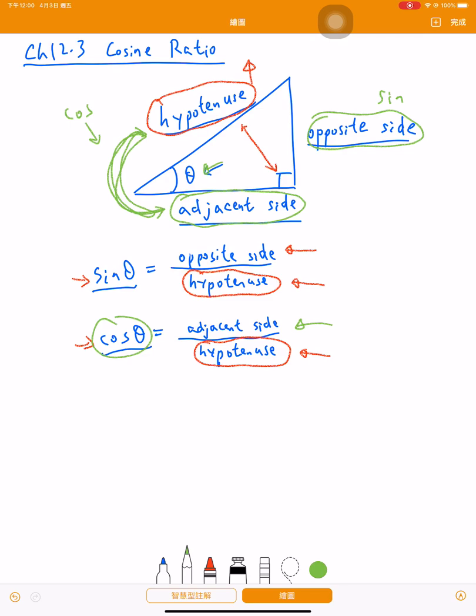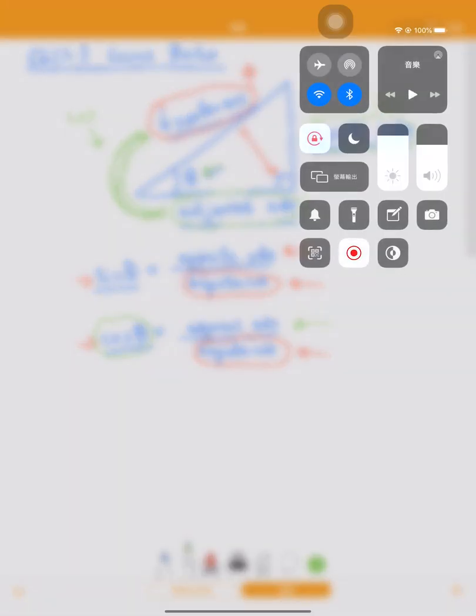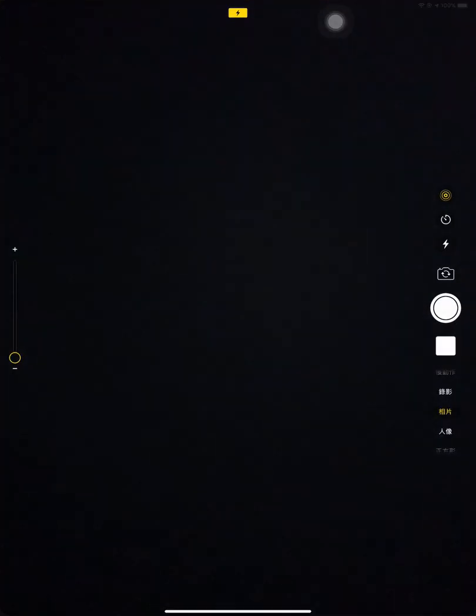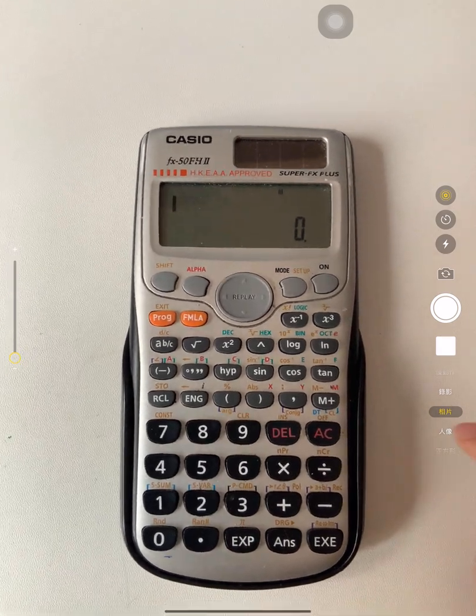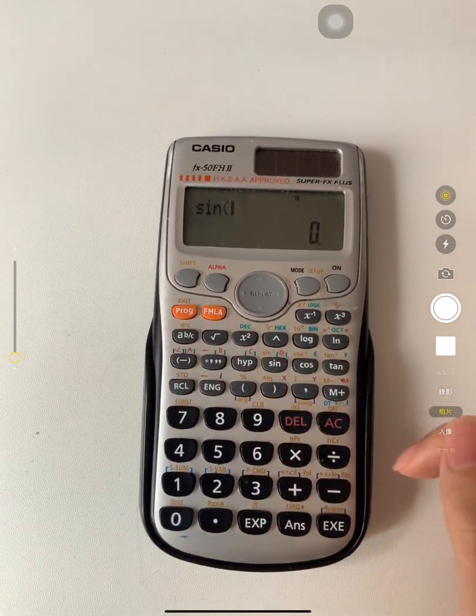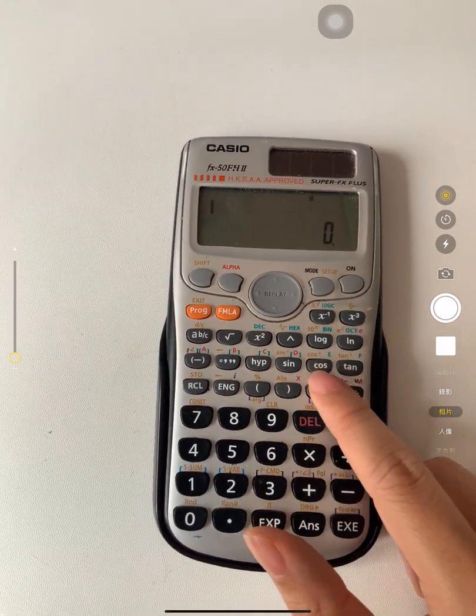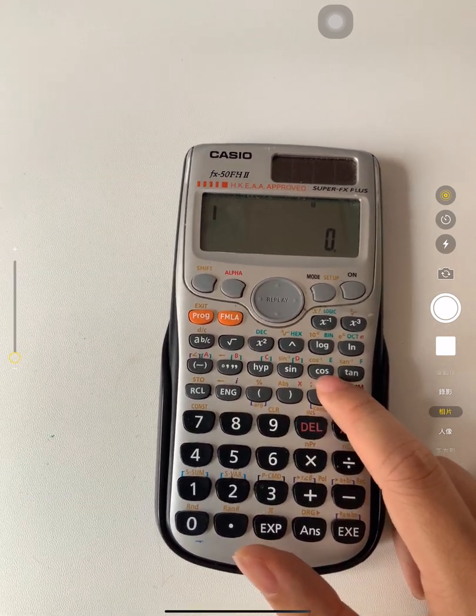Now I'm going to tell you how to use the calculator to calculate cosine theta, right? Because usually we make use of calculators to calculate sine, cosine, or tangent. Okay, so I'm going to show you the calculator. Last time you know that the sine is here, right? Then cosine is just the next one, that is this one, cos.